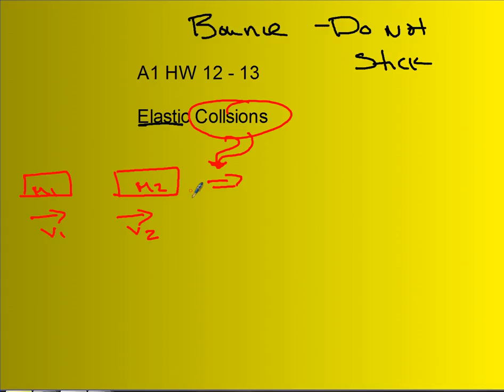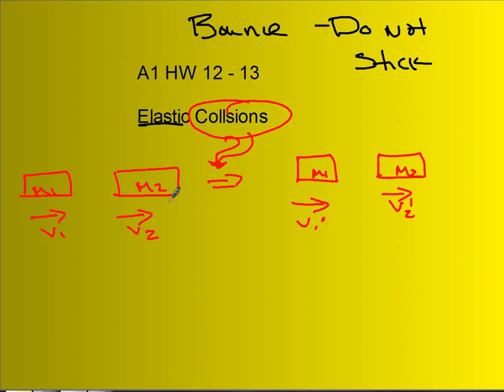They've hit each other. Without some sort of collision, you don't have conservation of momentum occurring. So after the collision, M1 moves off with some velocity V1 prime, and M2 moves off with another velocity of V2 prime.